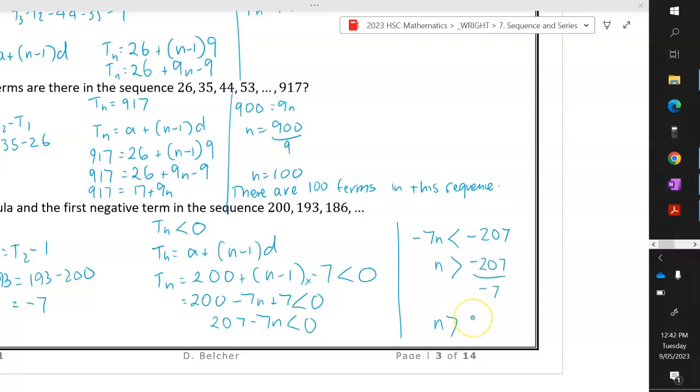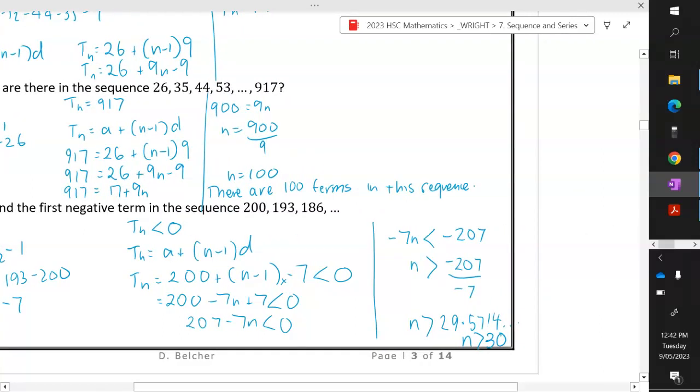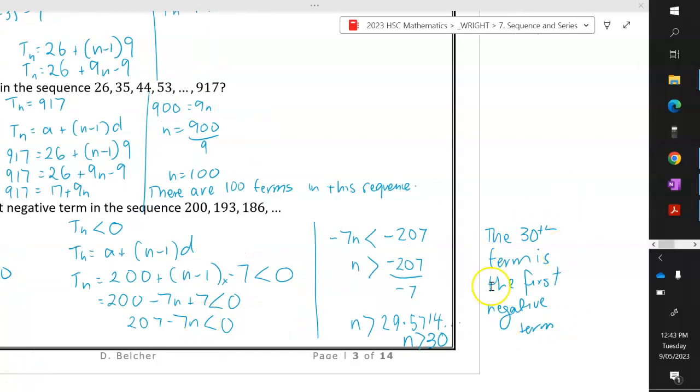Dividing that will give me that n is going to have to be greater than 29.5714. There's a few numbers after that. What's the first whole number bigger than that? n is going to have to be greater than 30. So the first negative term is the 30th term. And I've written that as a sentence over to the side here.